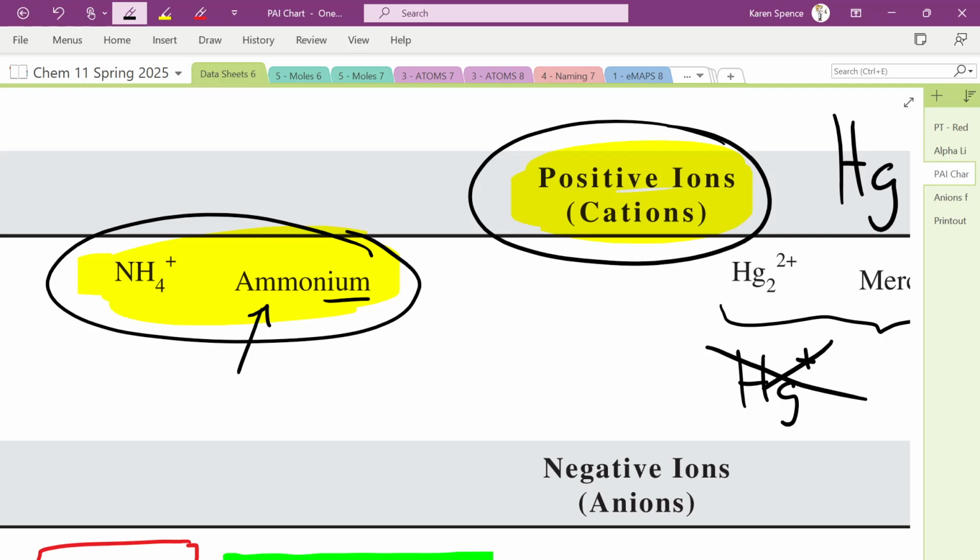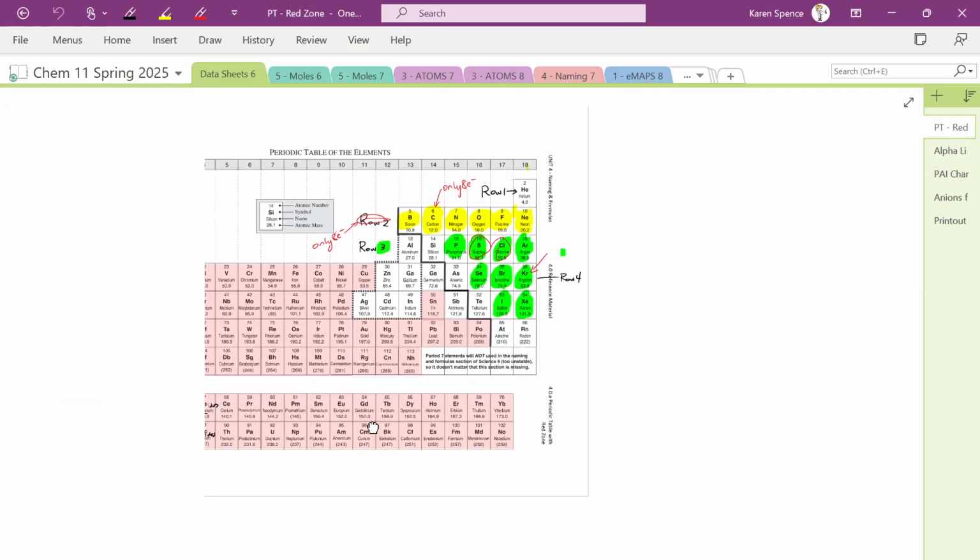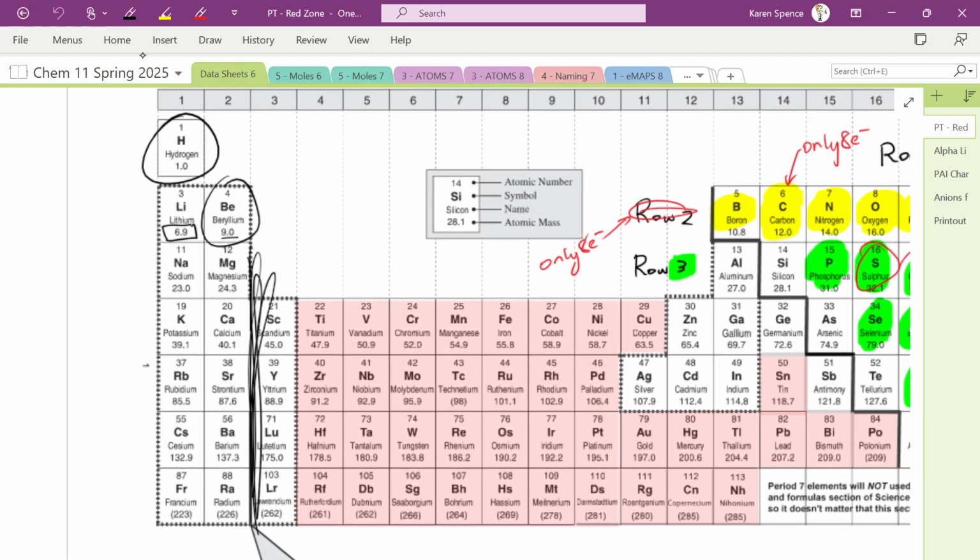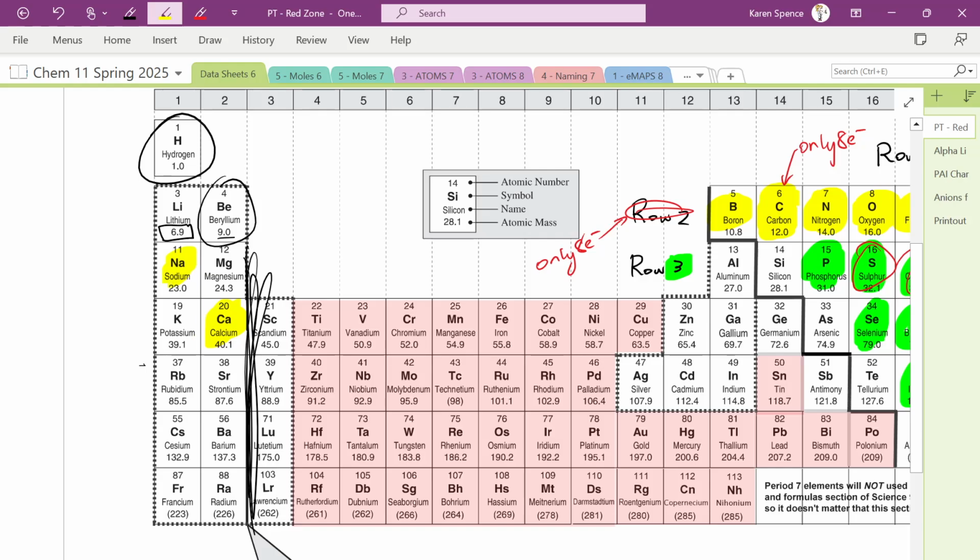So what do calcium, sodium, potassium, lithium, strontium, barium, cesium, rubidium, radium, francium, scandium, lutetium, lawrencium, yttrium, aluminum, what do they all have in common? They are all what type of element? They are all metals. And what charge do metals take on?